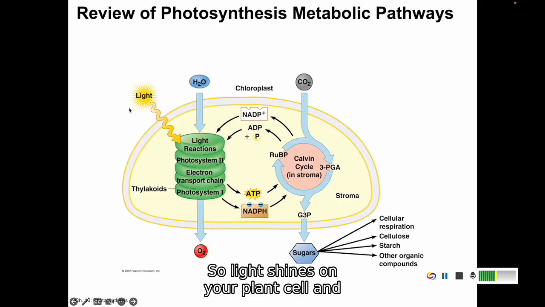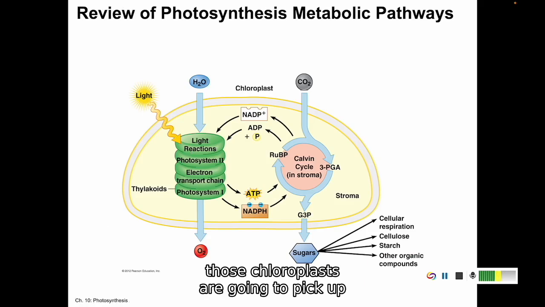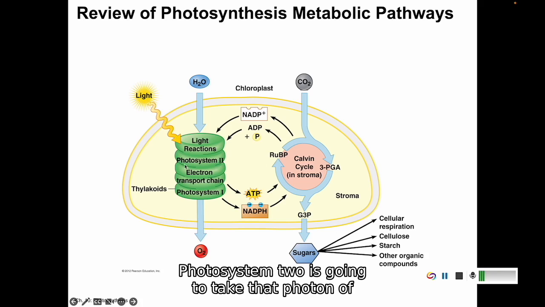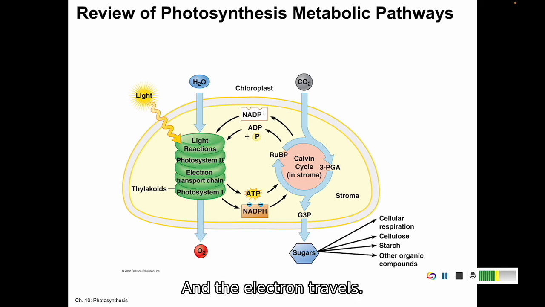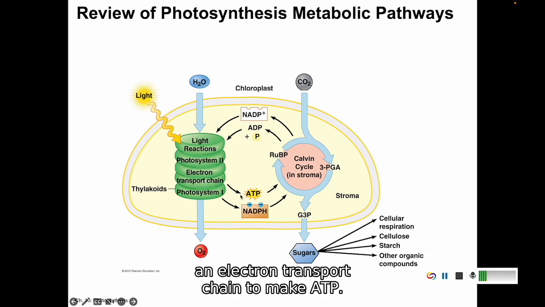So light shines on your plant cell, and those chloroplasts are going to pick up that light through photosystem 2. Photosystem 2 is going to take that photon of light and use it to excite an electron. The electron travels through an electron transport chain to make ATP.